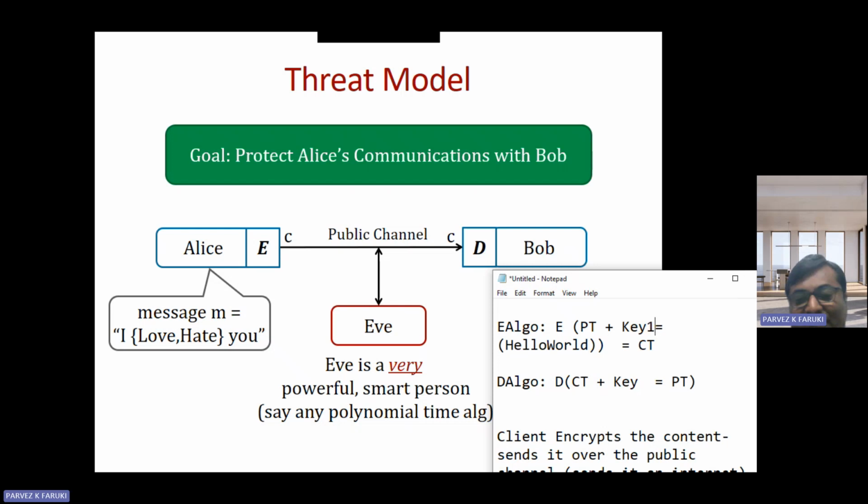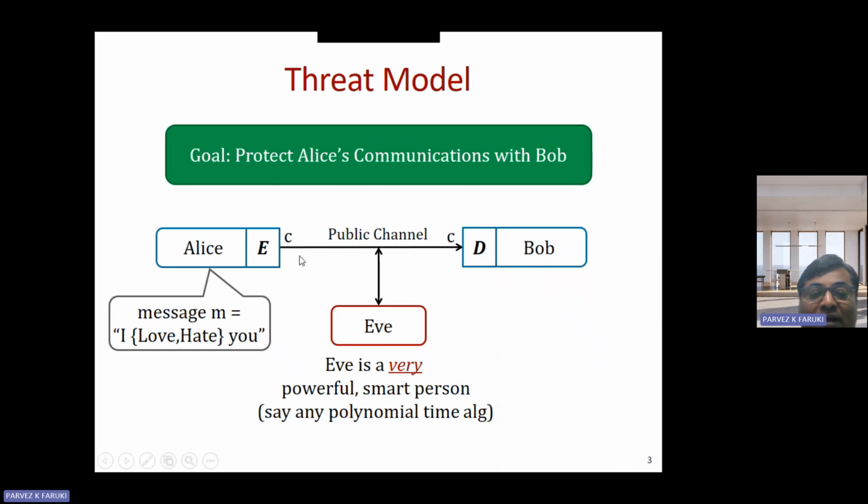Remember this. Let me write key 1. Not key 1, let me clearly say K1. So this should be the same at both ends, Alice and Bob. Only if it happens this way can the information be made secure before it travels, or while it travels on the web.